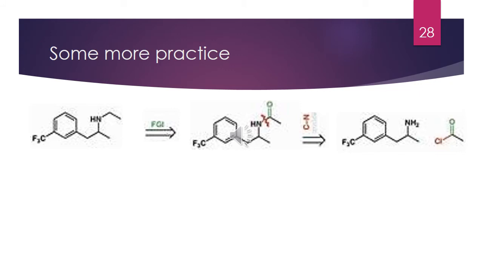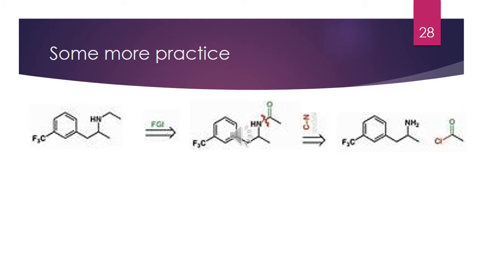The simple reaction of acetyl chloride with this amino group will result in formation of this amide, and you can easily see that reduction of this carbonyl group will result in formation of this ethyl group. So this is a simple disconnection, right? If you have to carry out the synthesis, you may draw the scheme, but briefly I will just describe here that the last step of the retrosynthesis is the first step of synthesis.